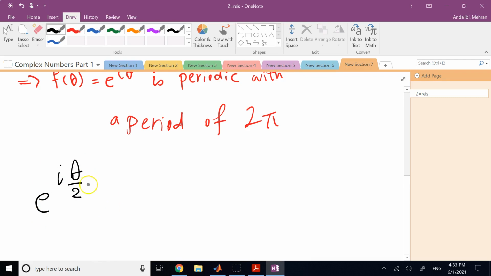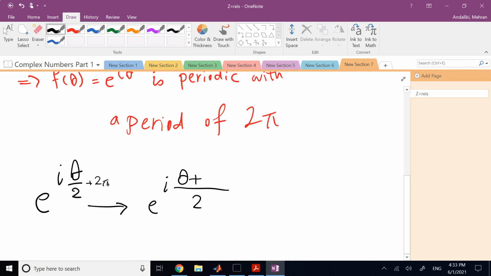Well, all you need here is, instead of theta, you add what? Theta plus, what do you need? Remember, what comes out of here should be theta over 2 plus some 2 pi.